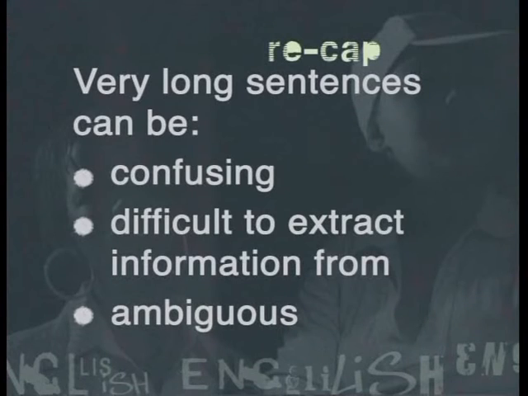We've learned that it's good to use a variety of sentence types, but when you have a lot of information to convey, be wary of writing sentences that are too long. Very long sentences can be confusing, difficult to extract information from, and ambiguous.